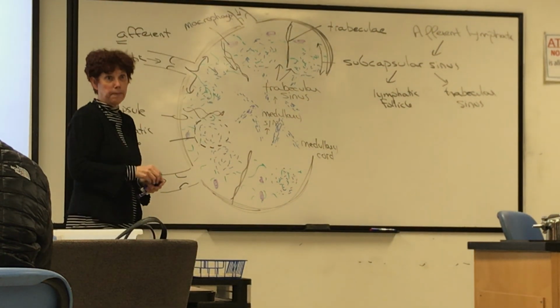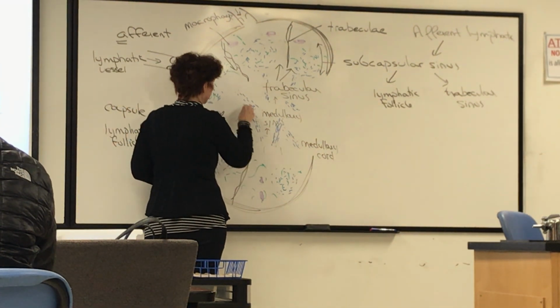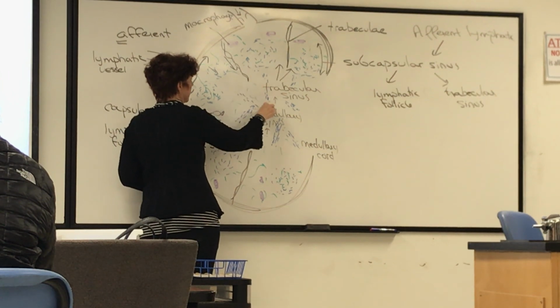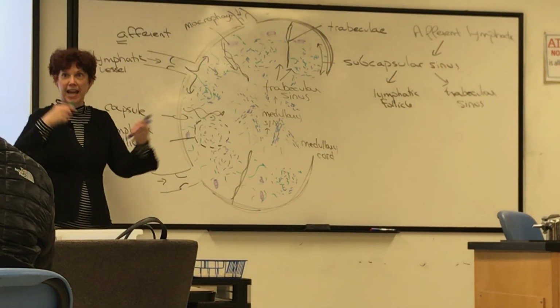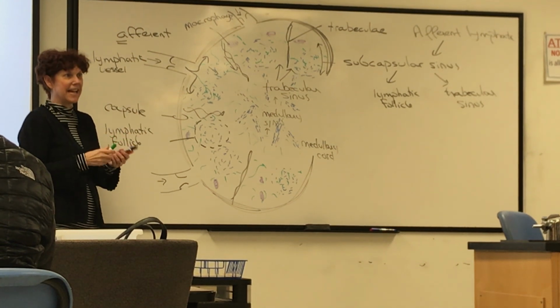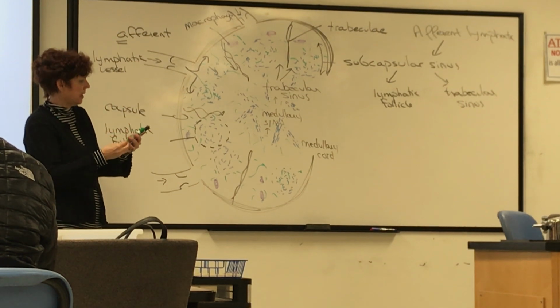And that would also be spanned by reticular fibers. Again, this slows down the flow of the fluid and gives the macrophages a chance to come in contact with them and recognize and present any antigens for the lymphocytes to recognize.